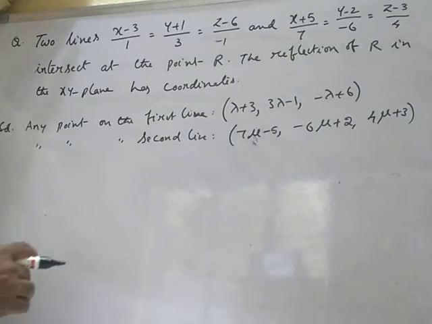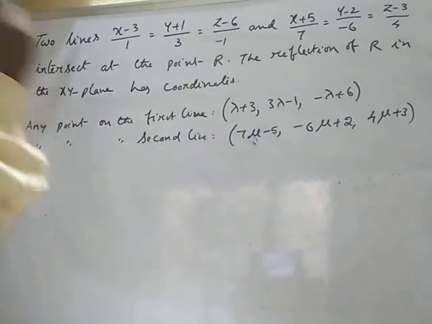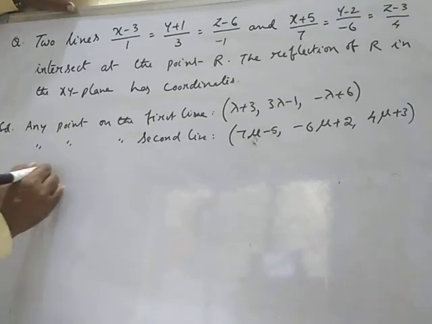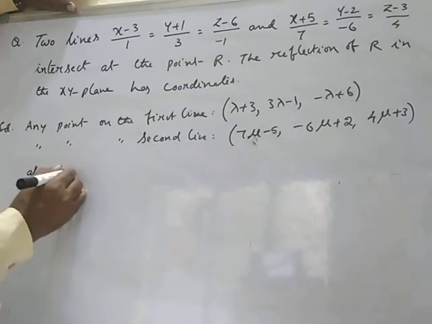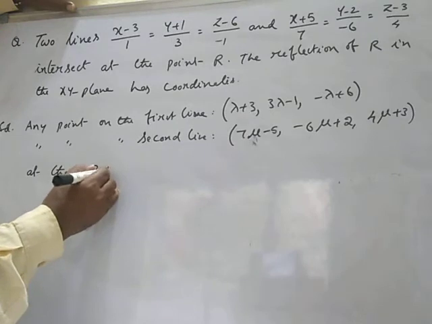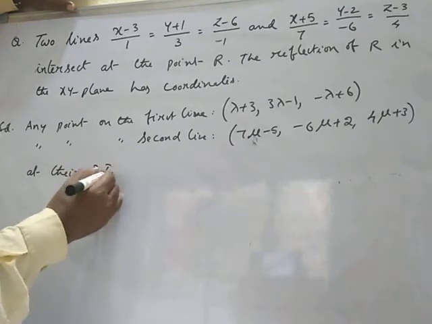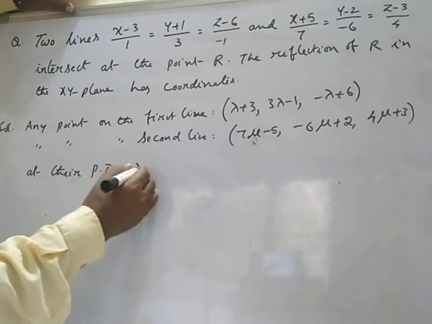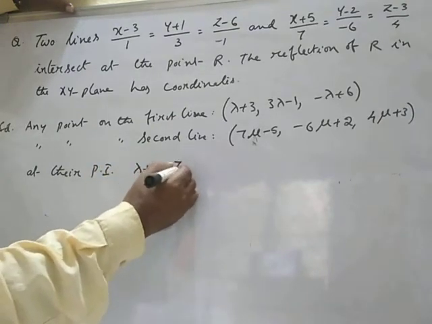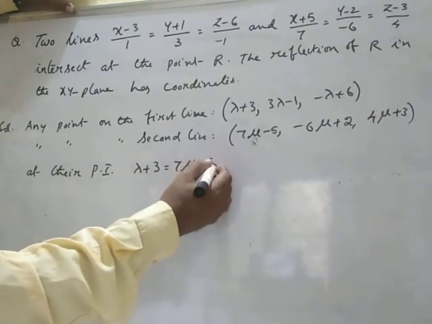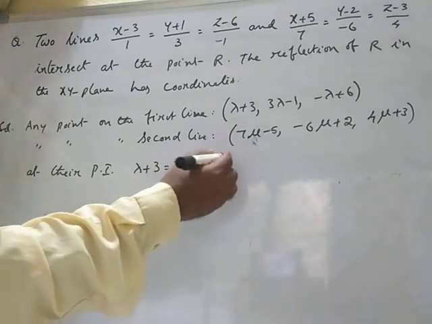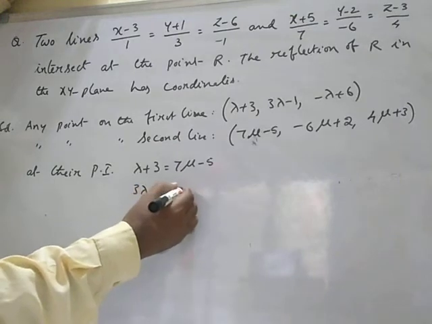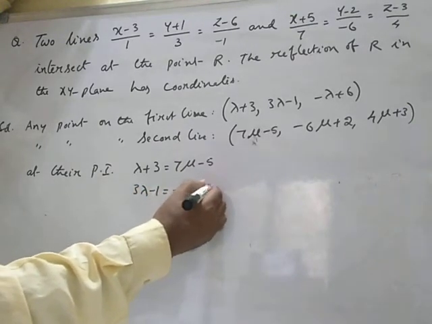At their point of intersection these two are equal, which means lambda plus 3 is equal to 7 mu minus 5, and 3 lambda minus 1 is equal to minus 6 mu plus 2.